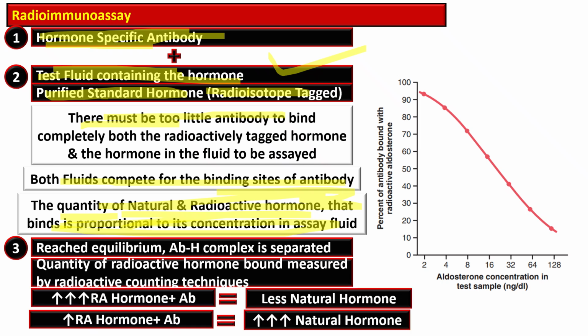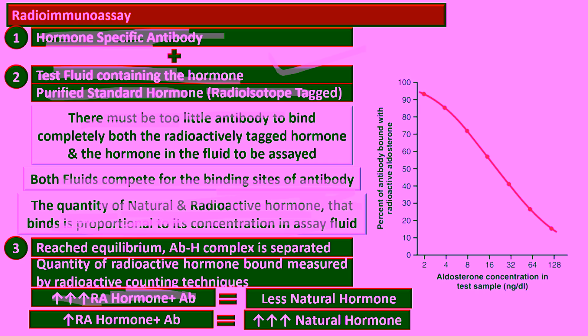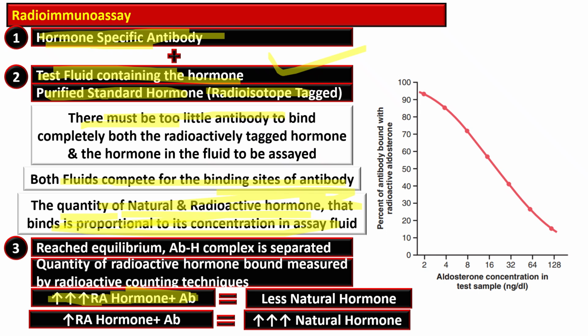If there is high radioactivity bound, there is a low concentration of natural hormone, or little competition for the binding. If there is low radioactivity bound, the interpretation is that there is a high concentration of natural hormone, so there was strong competition for the binding sites.